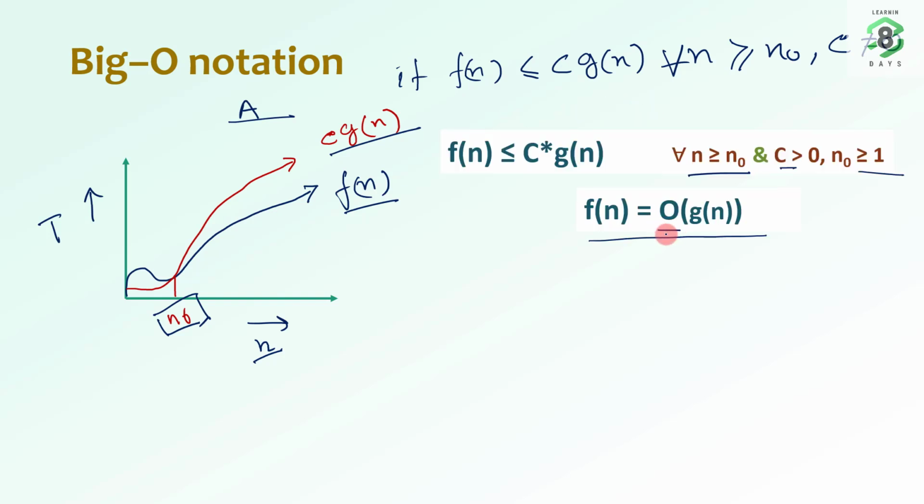Big O is for the upper bound of the running time f(n) of an algorithm A.